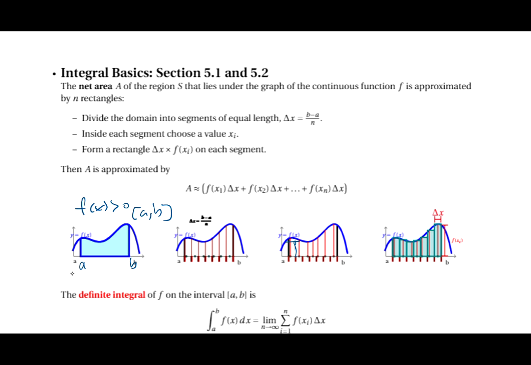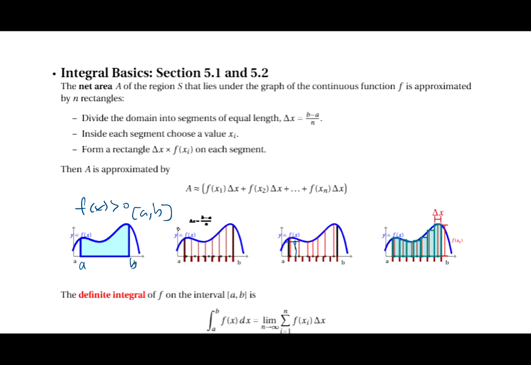The first thing that we know is the easiest area I can find is the area of a rectangle. So why not break down the area underneath into small rectangles and compute the area of those, approximating the area underneath by finding the sum of those rectangles.